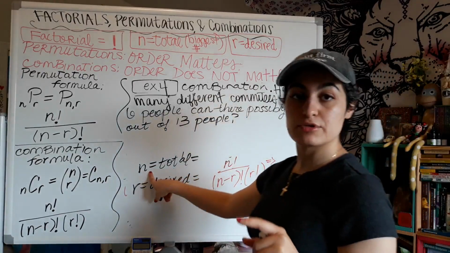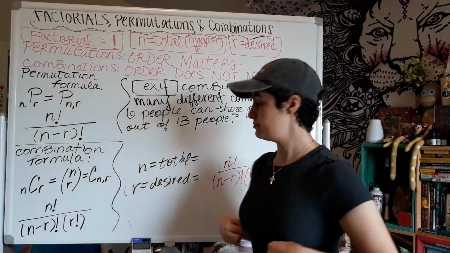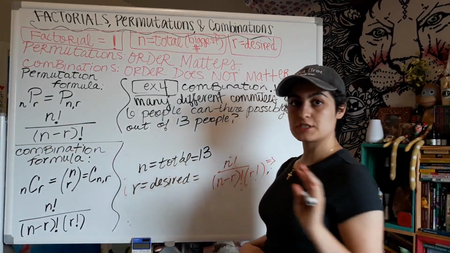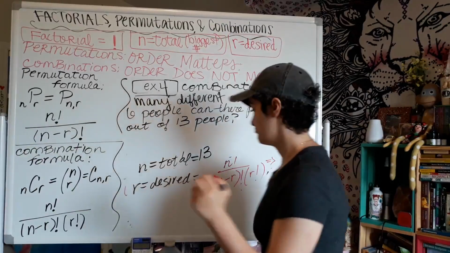And so N, which is your total, is 13. R, which is your desired, is 6.